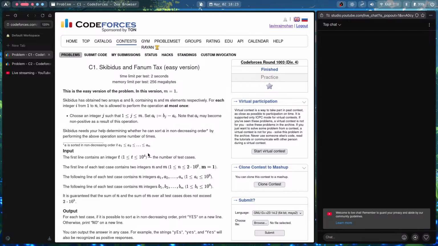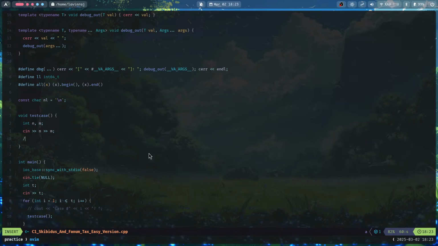We will choose an index j. For every element we choose an index j and set a_i to b_j minus a_i.